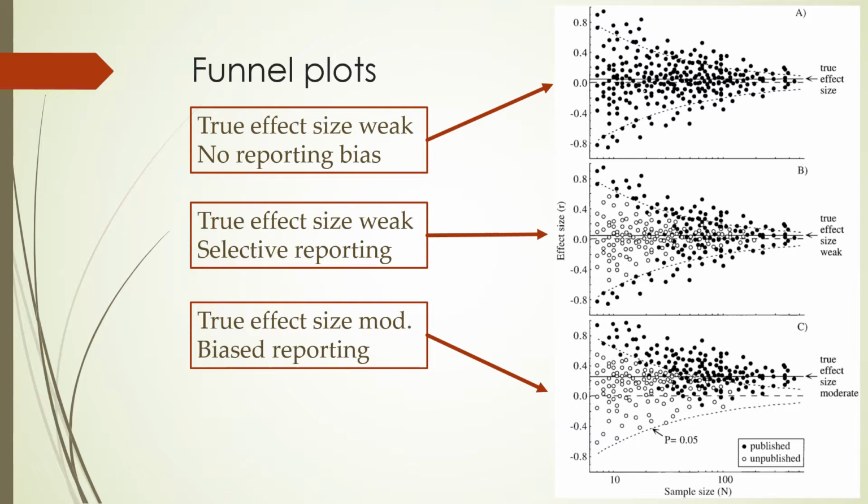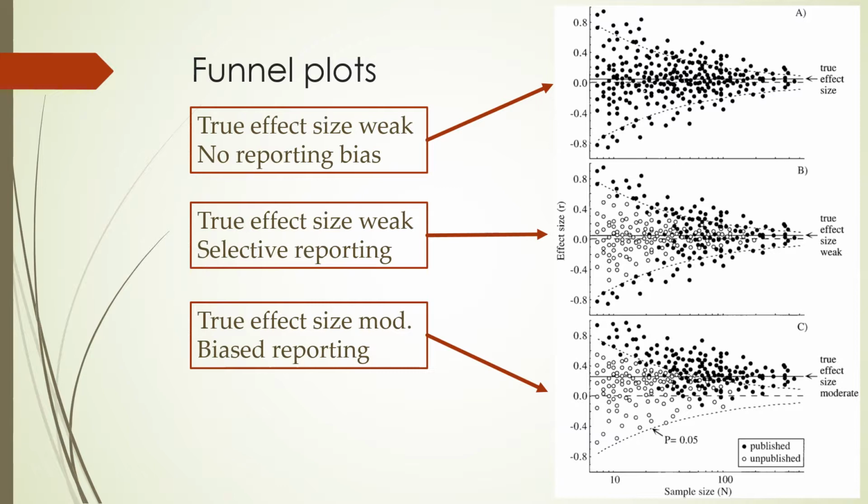And you see at small sample sizes, whether the effect size is highly negative or highly positive, again, they're published in the peer-reviewed literature because, hey, it's significant, so it must be good, and let's get it out there.